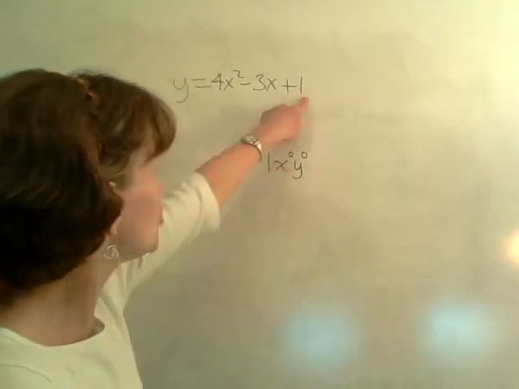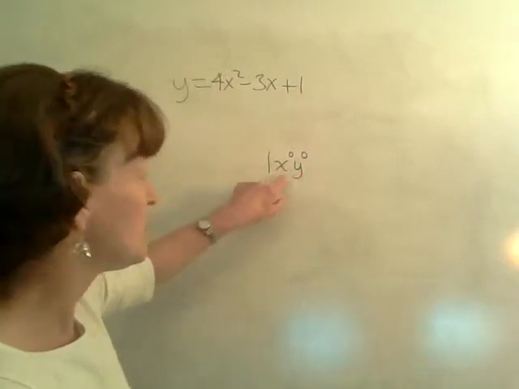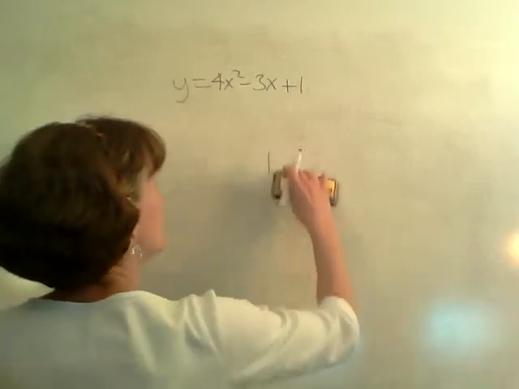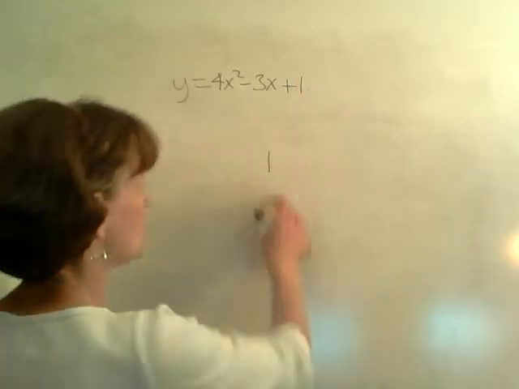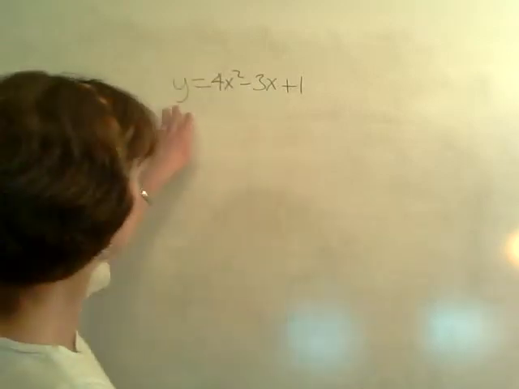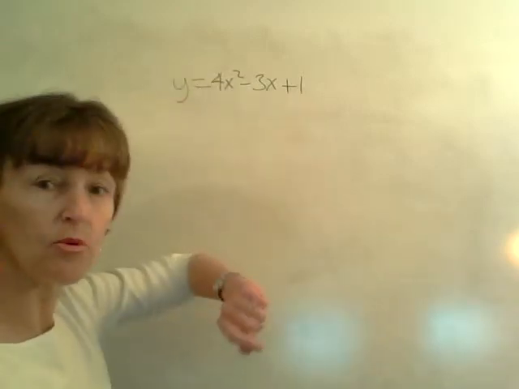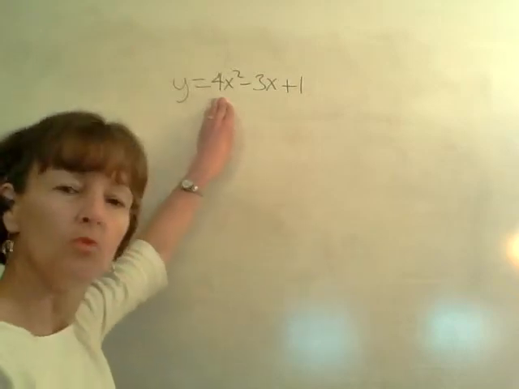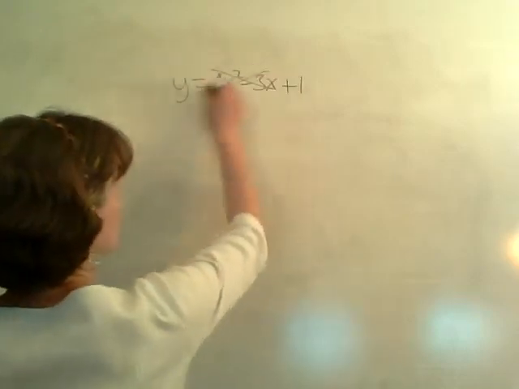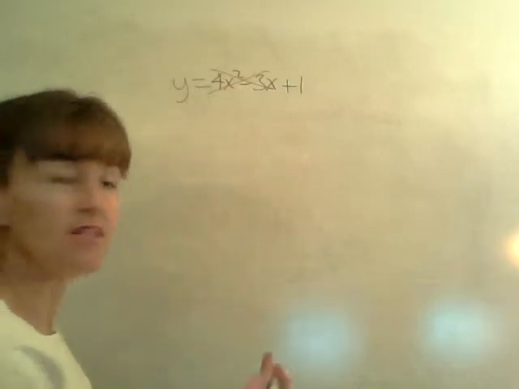Well, because they don't show up, and anything raised to the 0 degree equals 1. So this is fine in a linear equation, but the 4x squared would not be in a linear equation. So this equation is to the second degree, not to the first degree, so it is not linear.